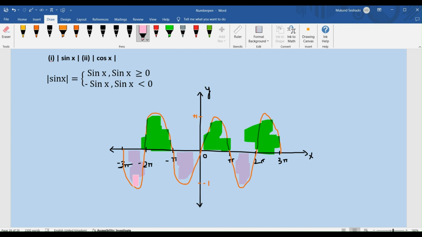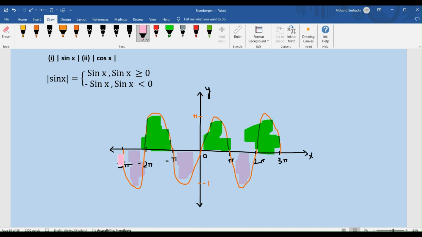So what happens when I have a mod function? The mod function says whenever sin x is less than 0, please represent it as minus sin x, right? That is the definition of a mod function.